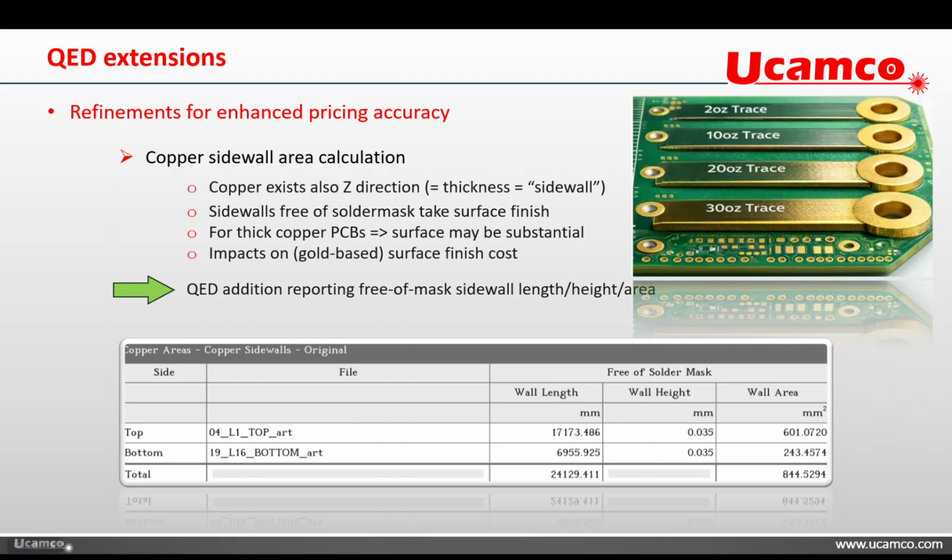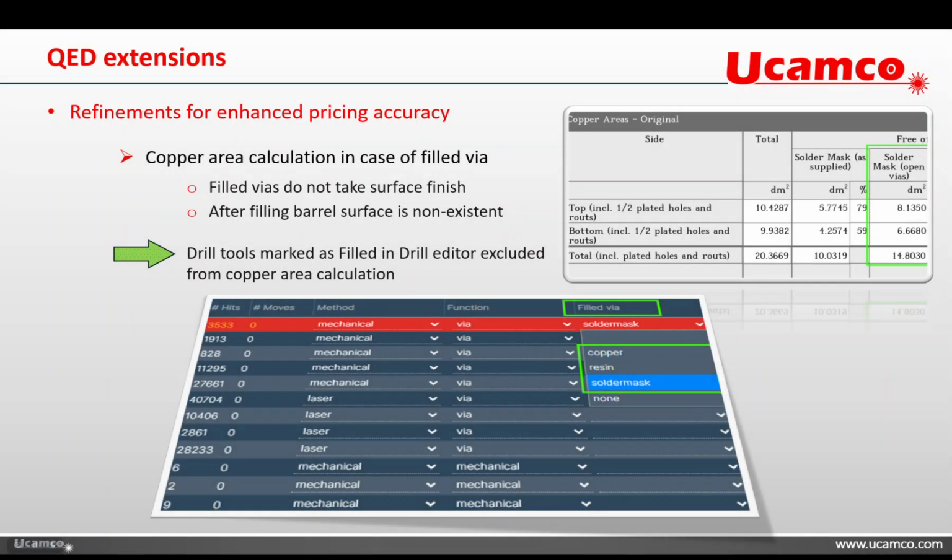So if you just say we will go with just the length and calculate this into the surface in the quotation engine, that's just as fine as well. This is unlicensed, so you will see this appear as soon as you have your version installed.